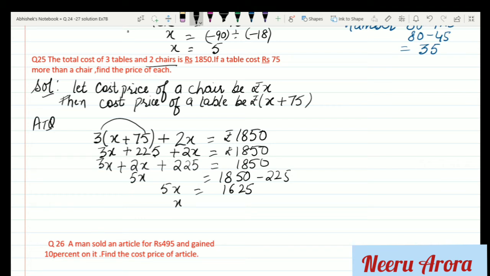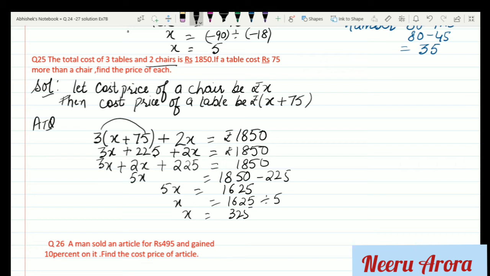So when we divide 1625 by 5, what do we get? 325. 1625 divided by 5, we get 325.